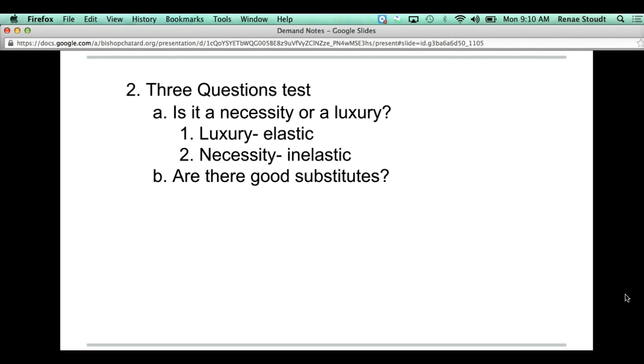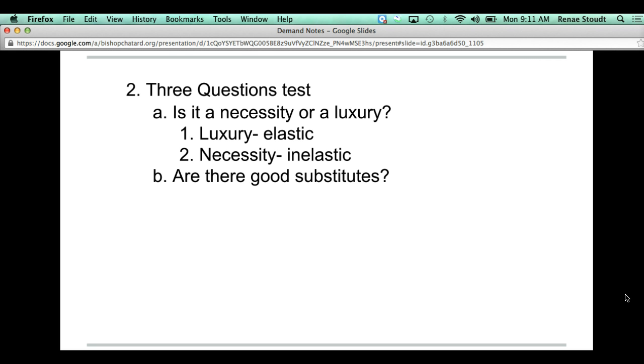If I know there are definitely other alternatives out there, is that going to make me sensitive or not sensitive to a change in price? If I know there are other items out there, I'm going to be pretty sensitive, because I'm going to look at the price and say, you want what for a burrito? Are you kidding me? I can go over here and get a burrito for a lot cheaper, right? So I'm going to be very sensitive to a price change.